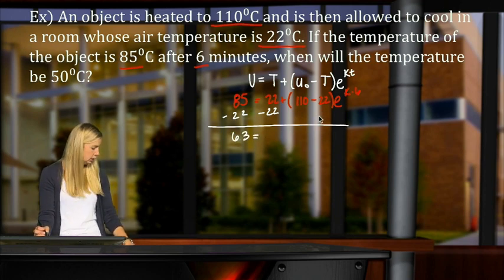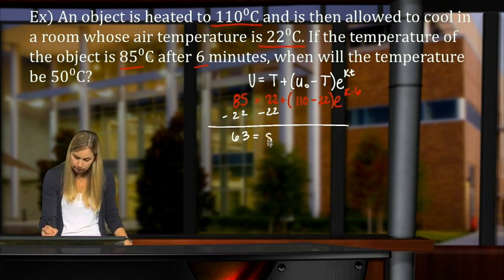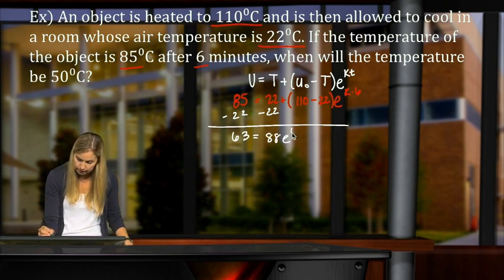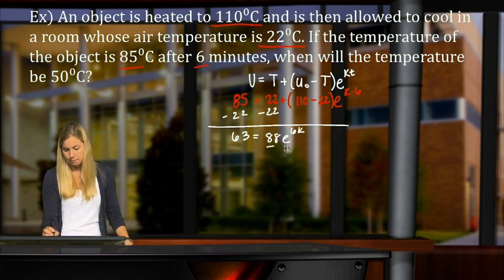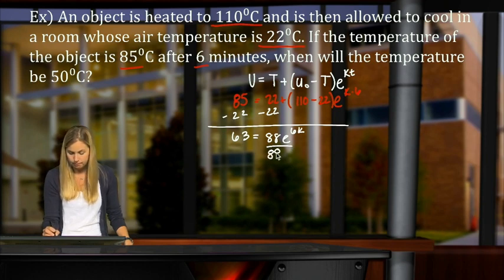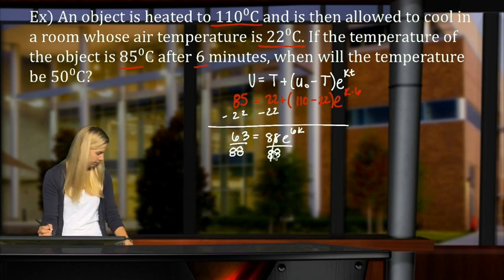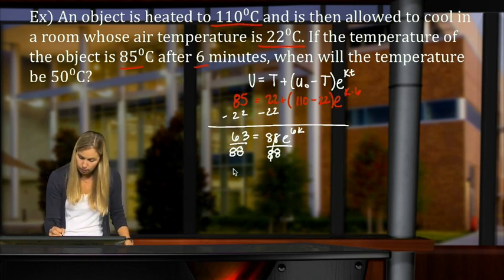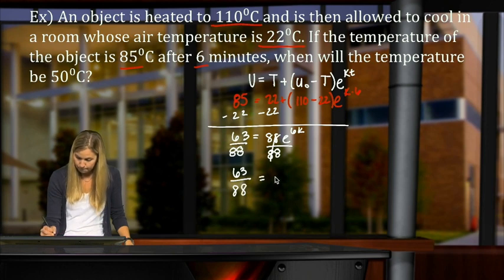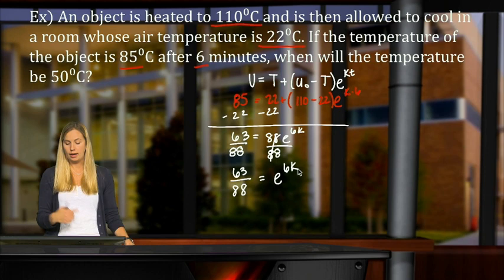110 minus 22 is 88. Divide both sides by 88. We have 63 over 88 equals e to the 6k. Again, we want to make sure that we're not rounding any of these values, so just leave them how they are.